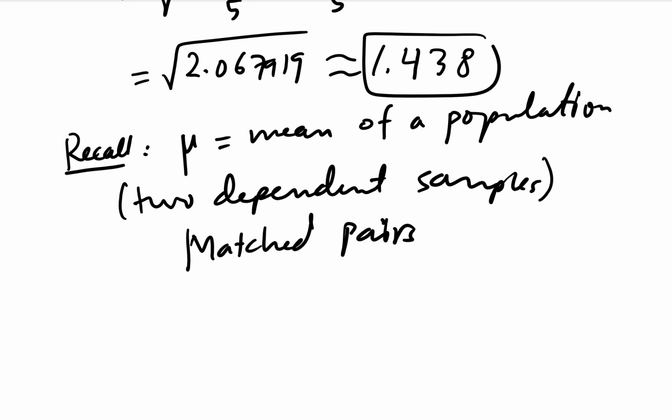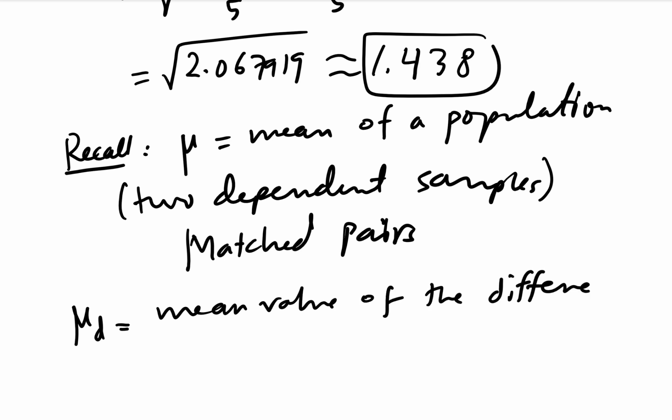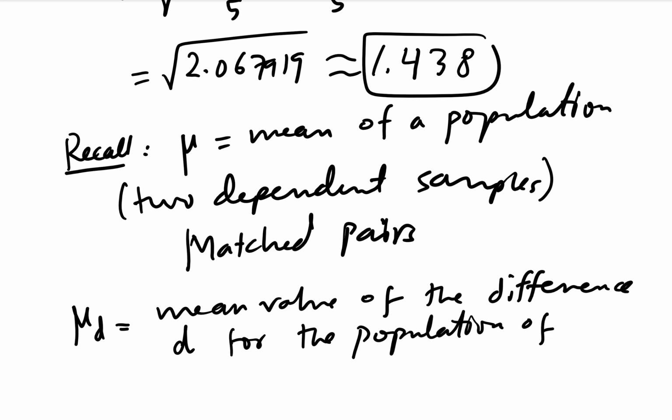We use several notations, just so you know. Mu sub d stands for the mean value of the differences, where the difference is d, for the population of all matched pairs of data.